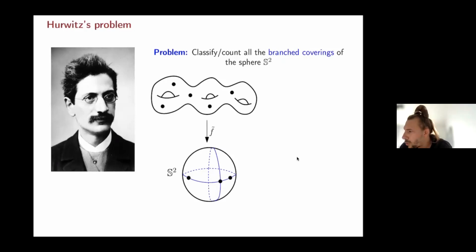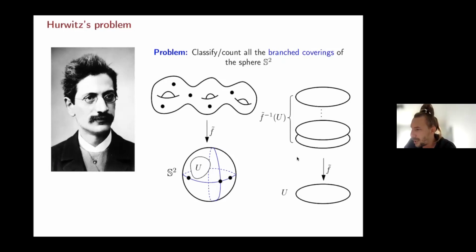If you don't know what branched coverings of the sphere are, I have this little picture that should help you to understand. It's a fairly simple object. You should think that this is basically the same as a covering of the sphere, which means that in a generic point, there is a small neighborhood such that the preimage of this neighborhood looks just like several disjoint copies of this neighborhood. But there are these points.